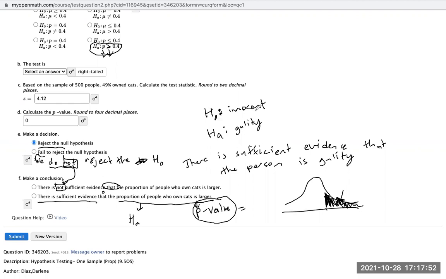In a very similar way, this is the alternative hypothesis, so they always write the alternative hypothesis in the final sentence. It's always: we have sufficient evidence for the alternative hypothesis, or we do not have sufficient evidence for the alternative hypothesis. But they never say anything about the null hypothesis in that final statement. Are you okay with that? Yeah.